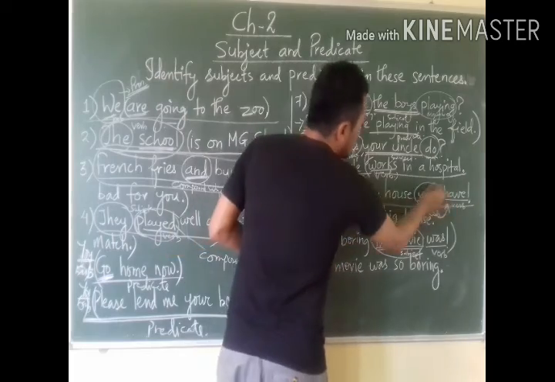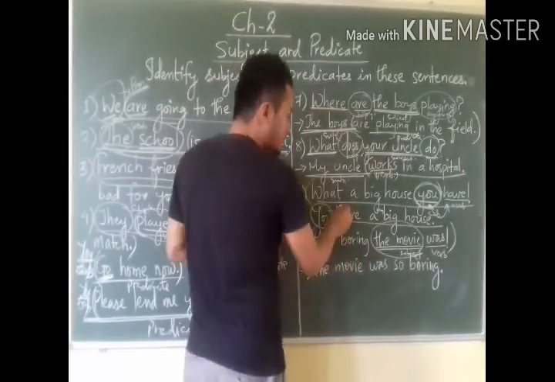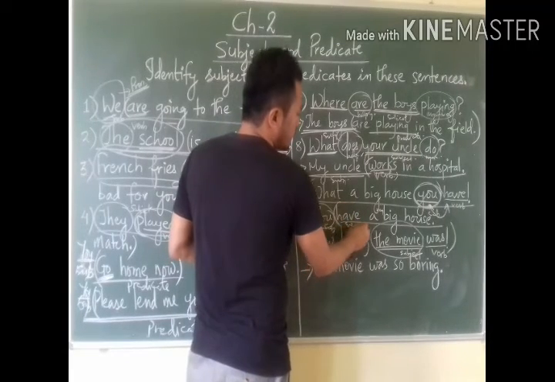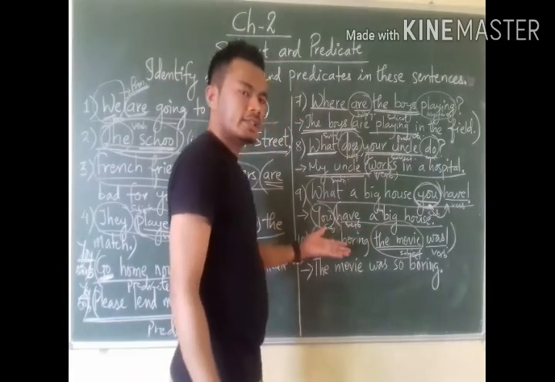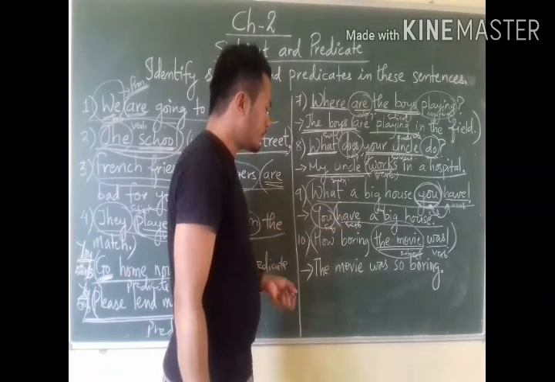So here also we have found you as the subject. Have a big house is the predicate because have is the verb. Okay, and in assertive sentences, whenever we find the verb, the rest of the words are the predicate.